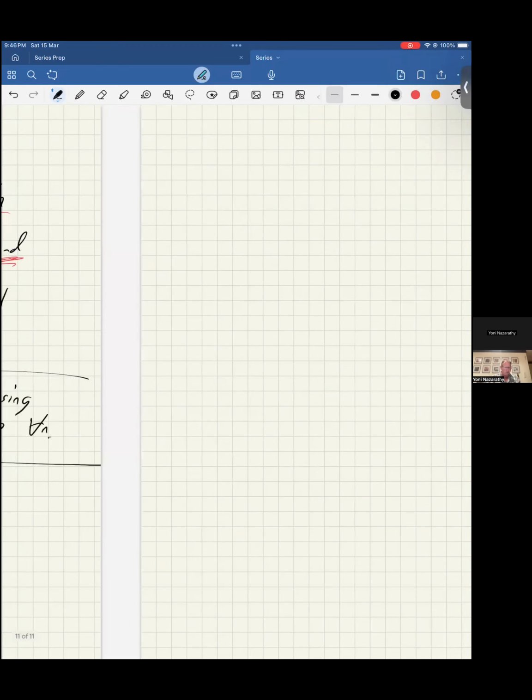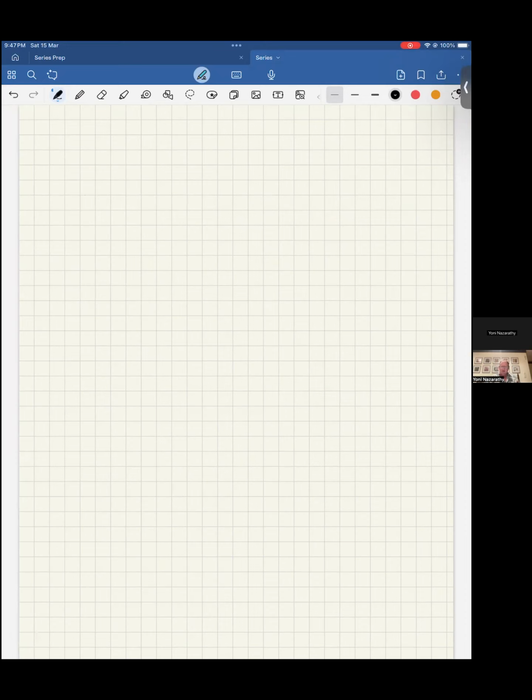So all this motivates the definition of absolute convergence, and here it is: definition 2.5.14 in the book.